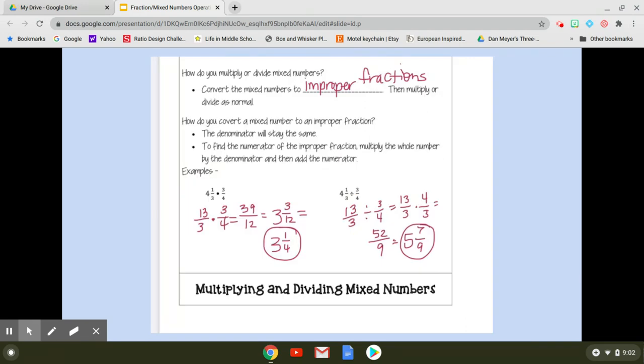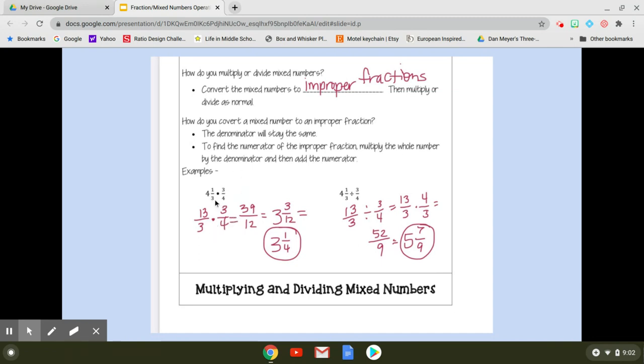When we're multiplying and dividing mixed numbers, there's going to be several more videos on how to do this, as this is one of our new standards for this unit. But the first thing you have to do is convert all the mixed numbers to improper fractions. Okay, so to do that, we make sure that our denominator stays the same.